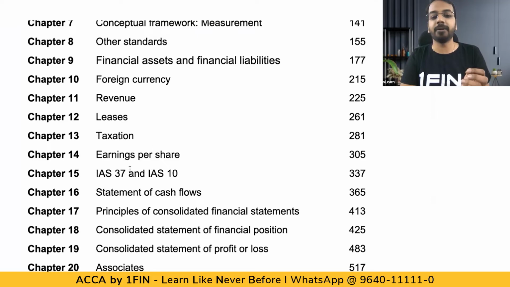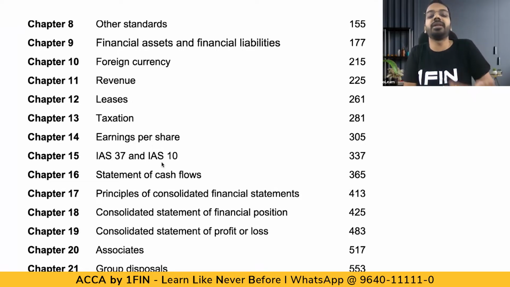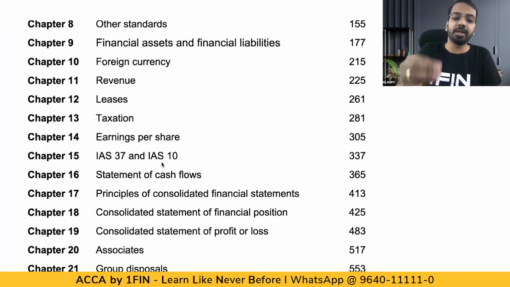IAS 37 talks about provisions, contingencies, and all of that. Basically, when do you create a liability? Then IAS 10 talks about events occurring after the balance sheet date and all of that. So for the P&L statement, that is your income statement, and for balance sheet items, the various treatments to be given for each item are given by all of these standards.